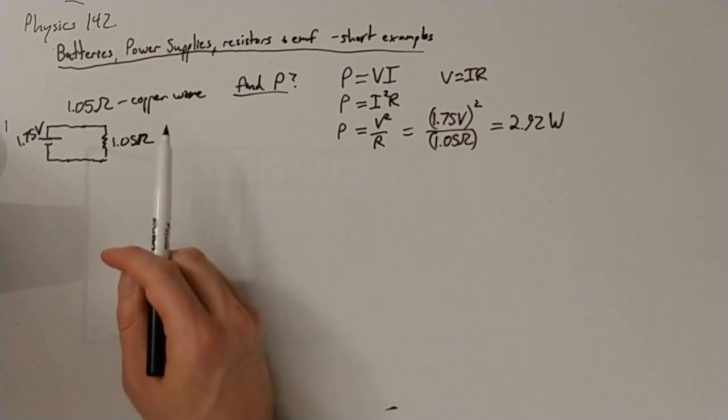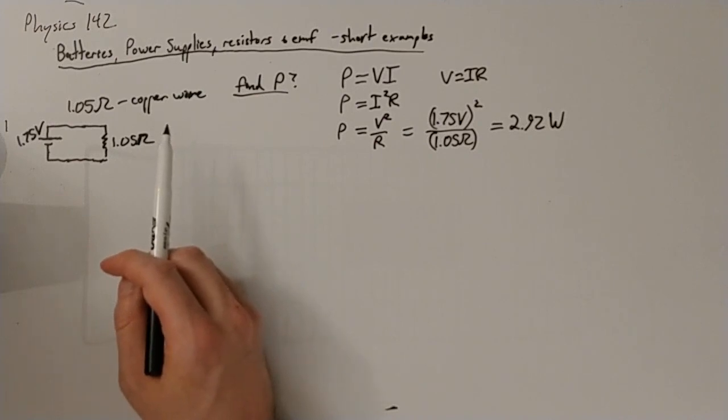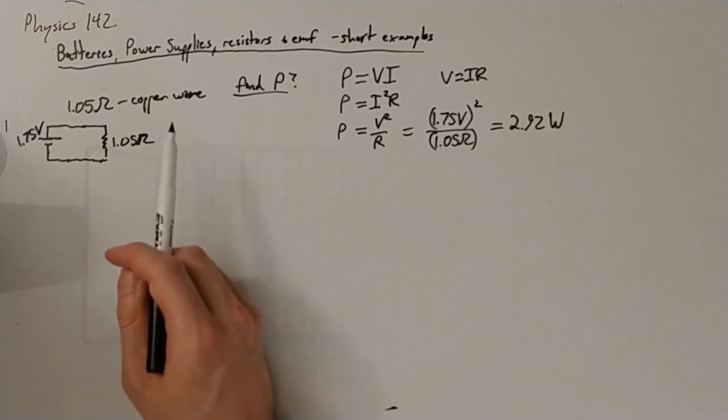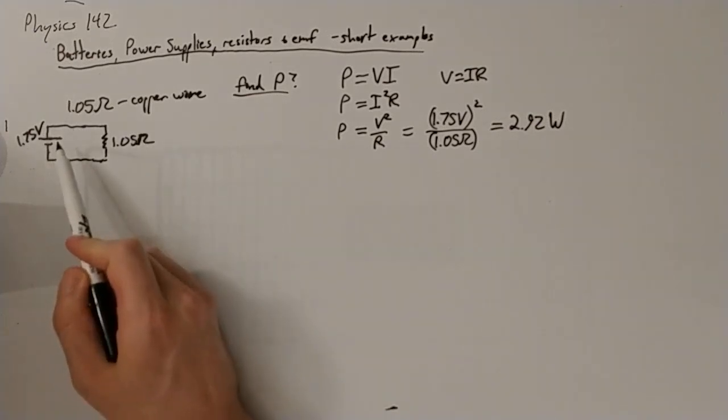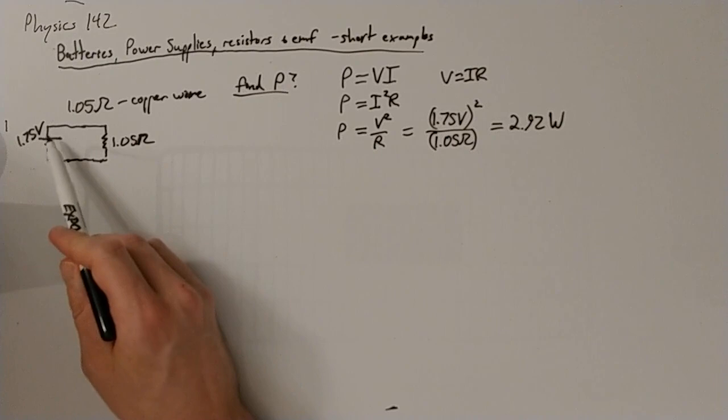Let's do another example where we think a little bit about internal resistance and EMF. Let's say that this 1.75 volt battery actually has an EMF of 2 volts.